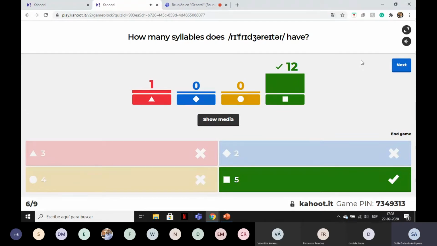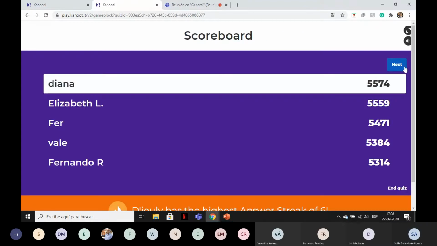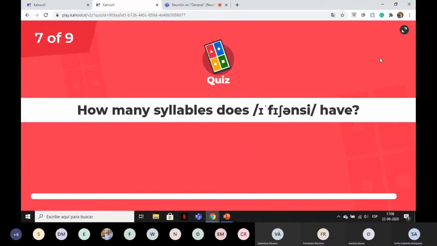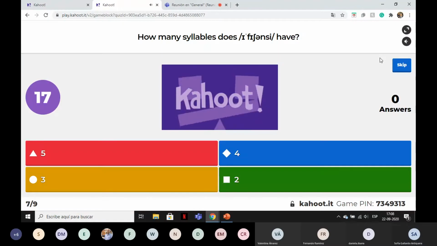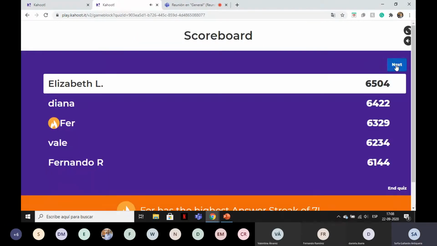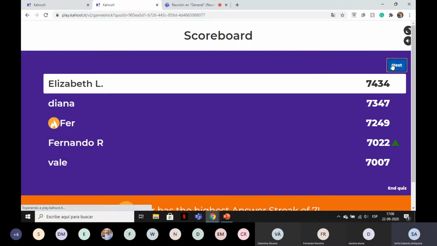Refrigerator has 5 syllables. Ooh, Elizabeth. Well done. Next one. Great, efficiency. It has 4 syllables. Next one. Let's see. Elizabeth is at the top still. Well done.